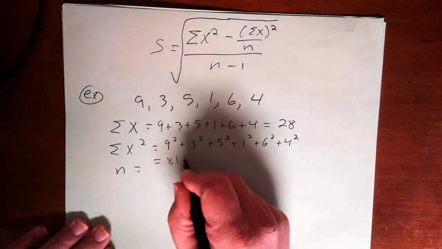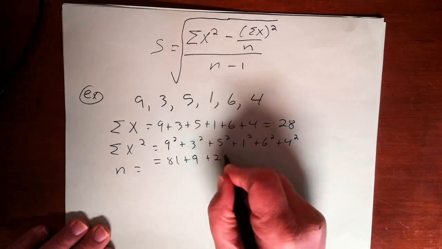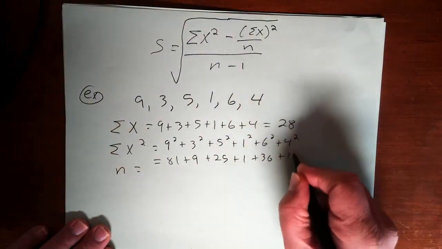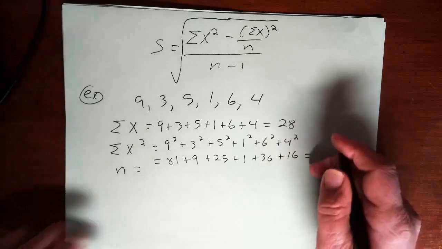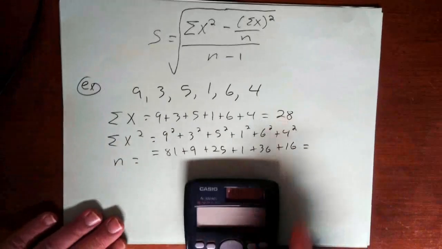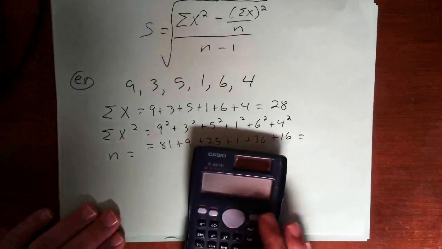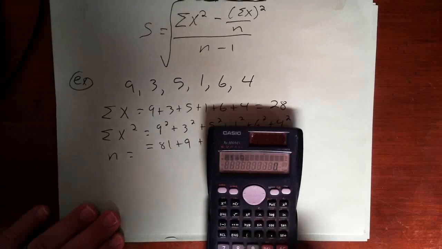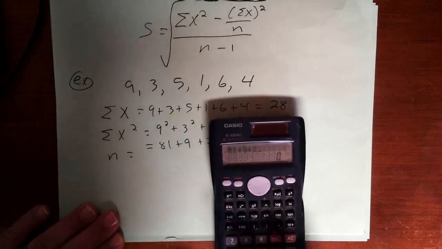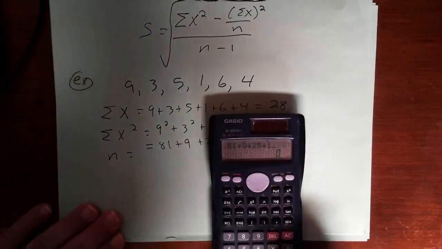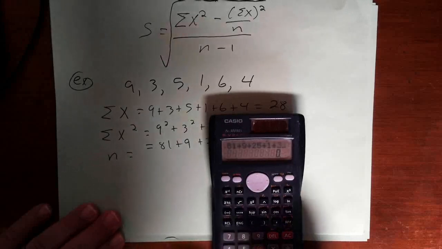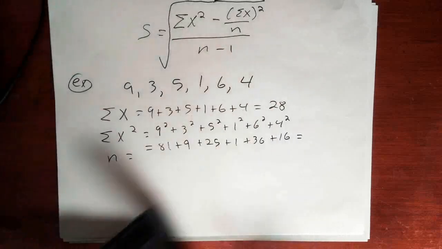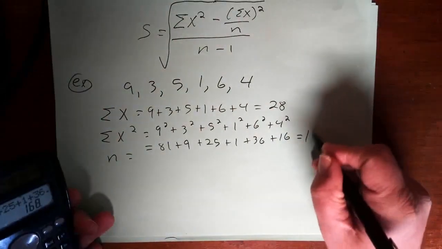So that'd be 81 plus 9 plus 25 plus 1 plus 36 plus 16. Looks like I get 168.